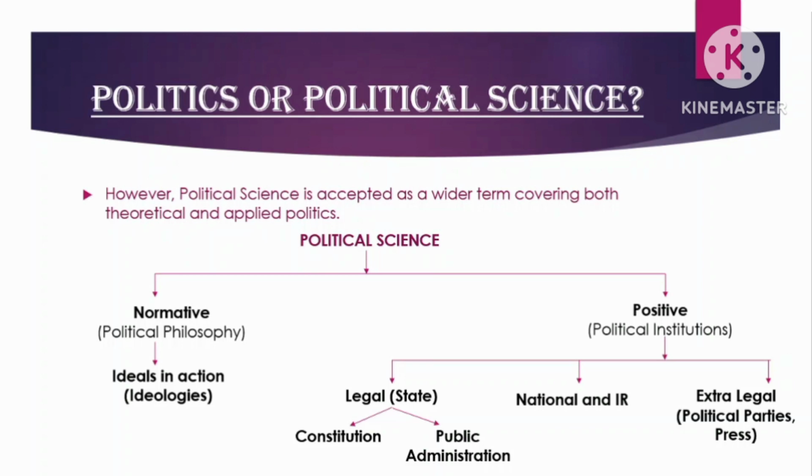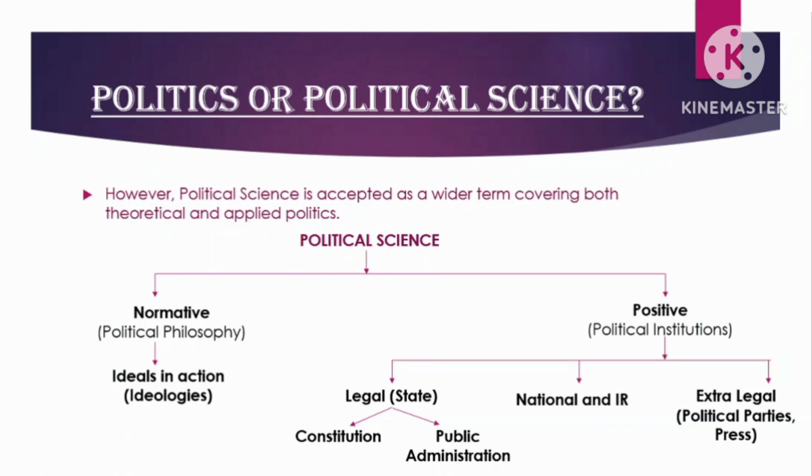The second political institution is basically national and international relations. So, the state functioning as a unit in international relations, in relation to other political units, the different states, and also to other international actors like the UN, the IMF, and the World Bank. That also is to be covered under political science.